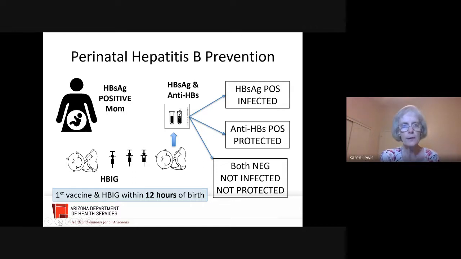Anyway, with perinatal hepatitis B prevention, mothers are screened during pregnancy to see if they have hepatitis B surface antigen. If so, the first vaccine for hepatitis B and the HBIG should be given within 12 hours of birth, and then 2 subsequent vaccines.